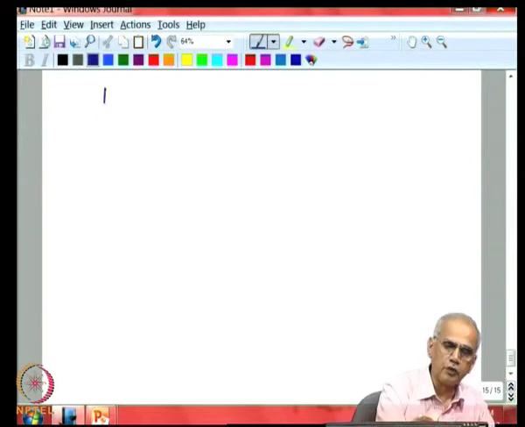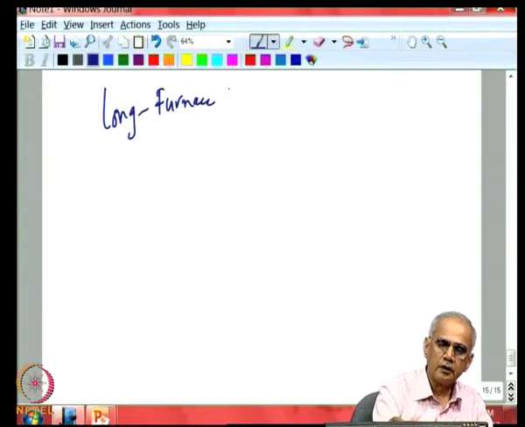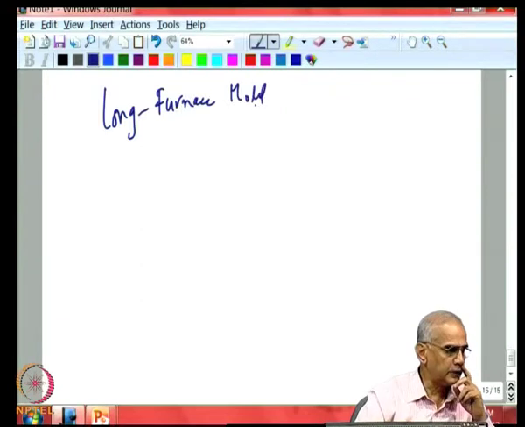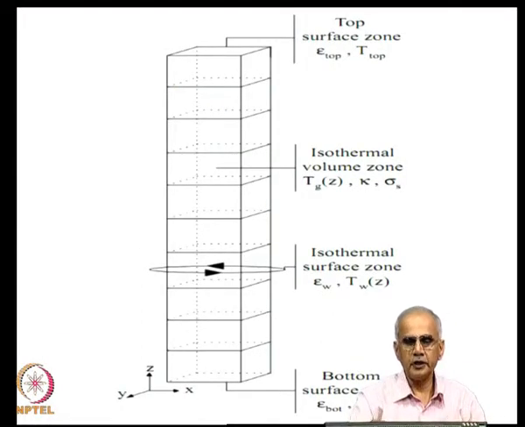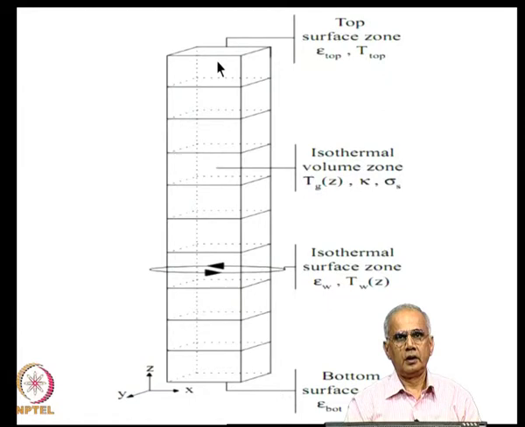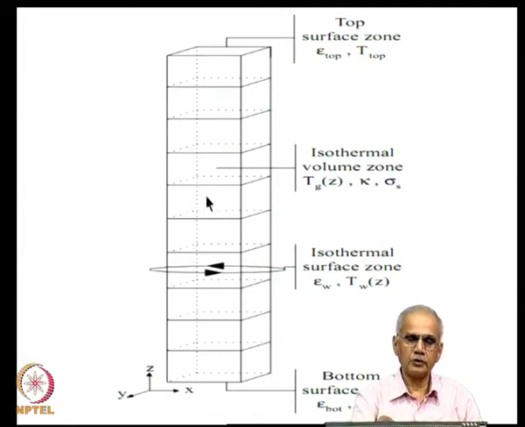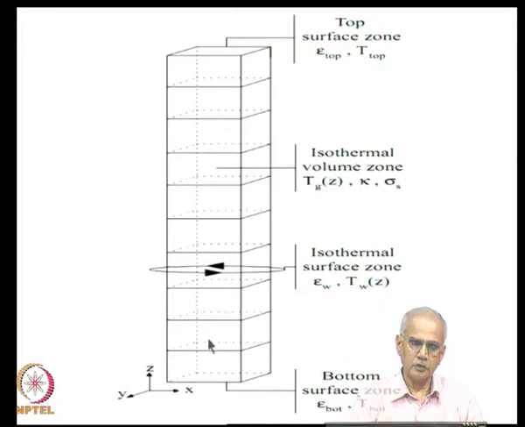So, the next model is the long furnace model of the kind discussed. Long furnace model is really the model that we already discussed, and this is the model in which you have a series of volumes, each of 0 dimension, and the gas slowly loses temperature as it goes up, and you solve this equation first, get the exit temperature, solve the next equation, and so on in the vertical direction.